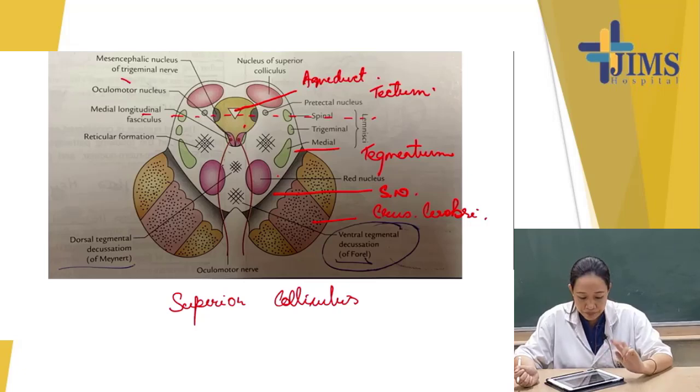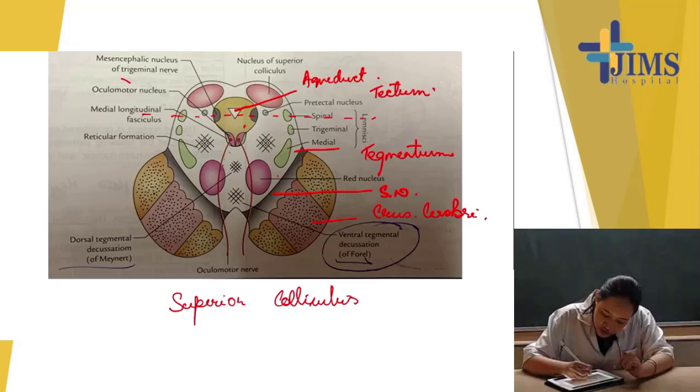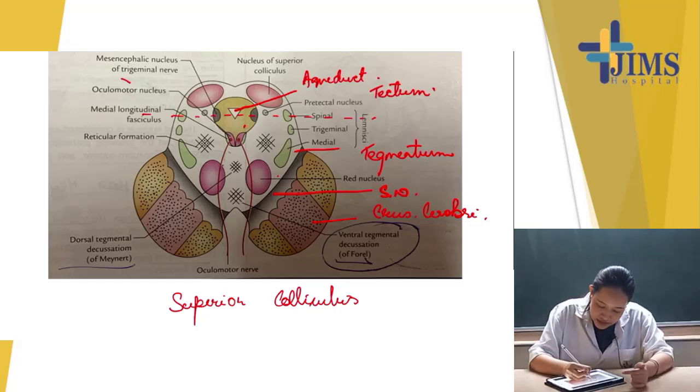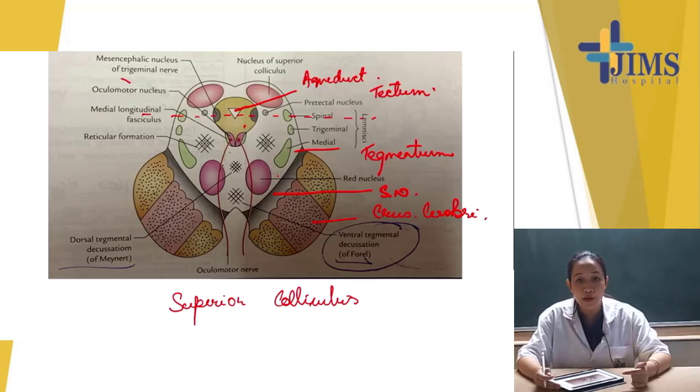It is bounded laterally by the medial longitudinal fasciculus. Just posterior to it, you will find one more nucleus, the Edinger-Westphal nucleus, located on the posterior part of the oculomotor nuclear complex.